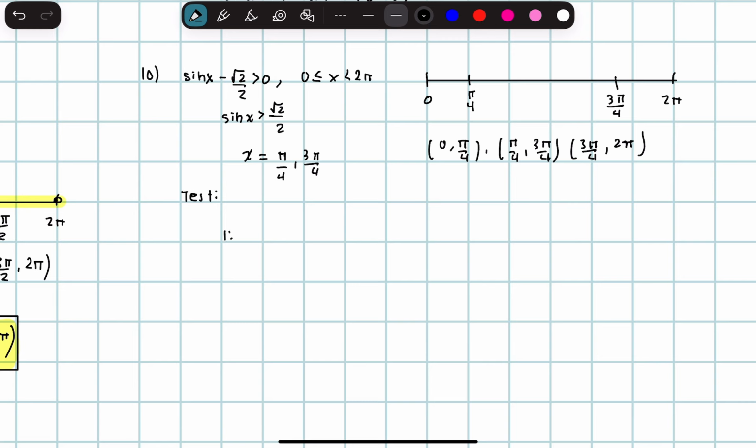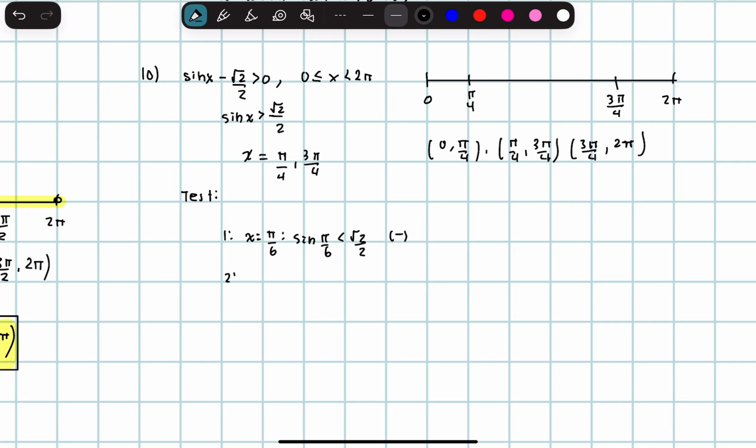For the first interval, x is going to be equal to pi over 6, and then sine of pi over 6 is going to be less than root 2 over 2. We know that, so that means it's going to be negative.